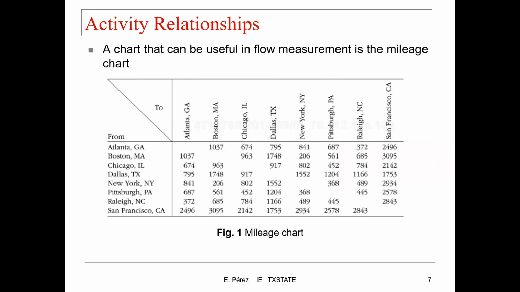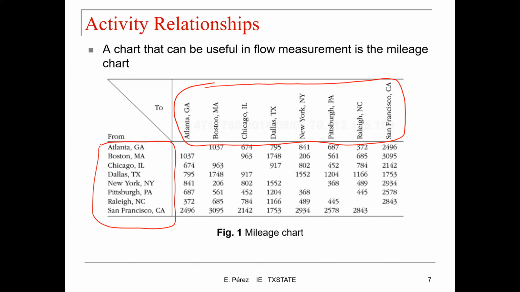A chart that can be useful in flow measurement is the mileage chart. So in this example, we have a mileage chart for traveling between cities in the United States, and we have the cities listed in these horizontal axes and also in these vertical axes.